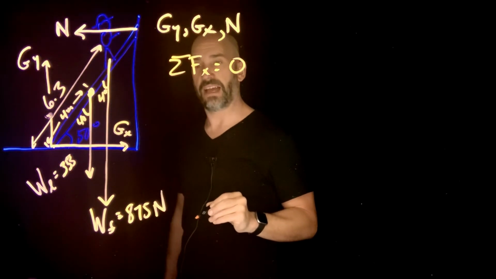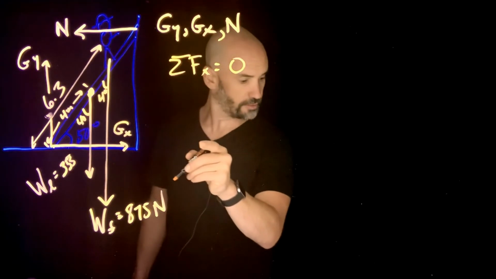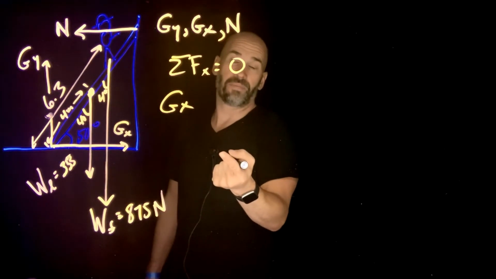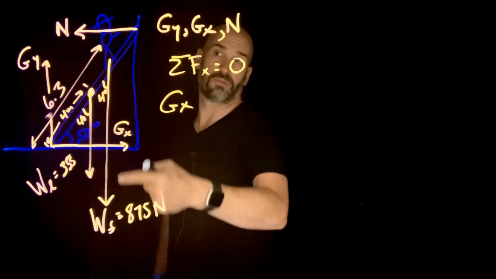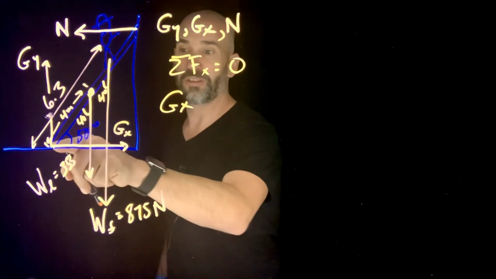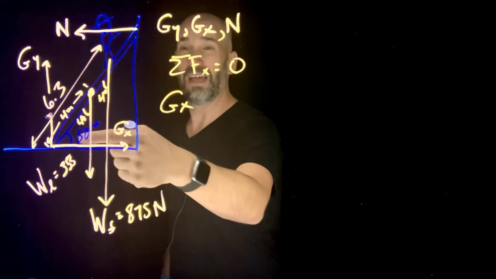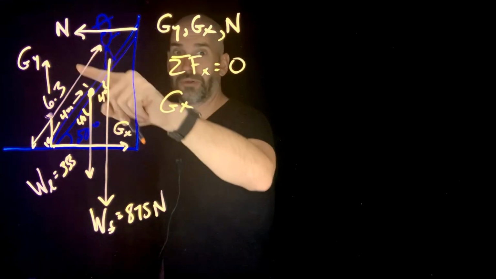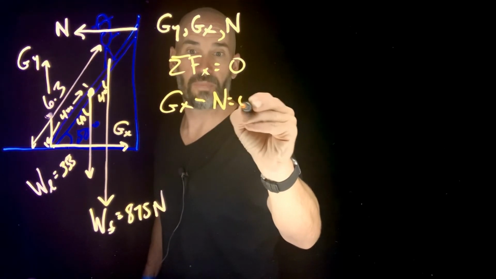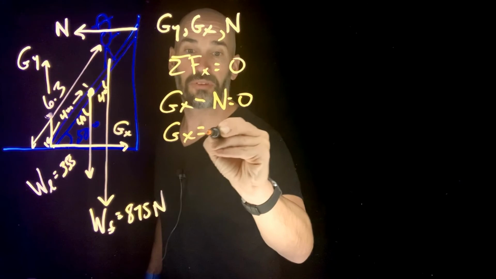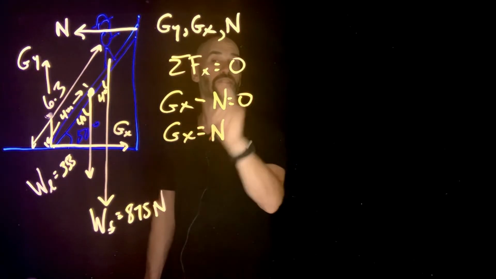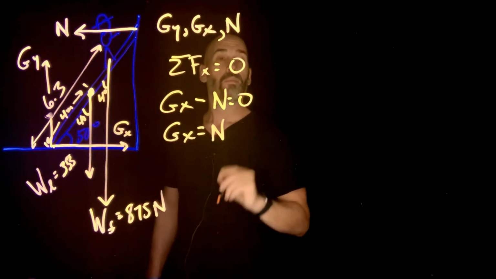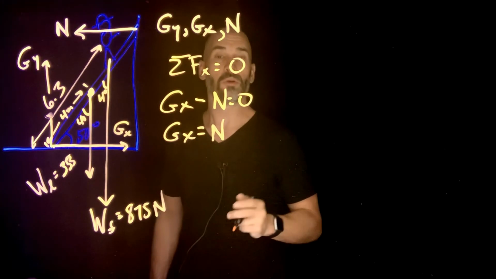I have a positive X force, GX, pointing this way, and then a negative X force pointing this way, which is this N. So whatever the friction applied here is, it must be the same as whatever the normal force of the wall pushing on this ladder is. So Gx minus N equals 0. This tells us that Gx equals N. Helpful, but not super helpful, because we don't know Gx or N yet. Presumably, in these other equations, we will get it.